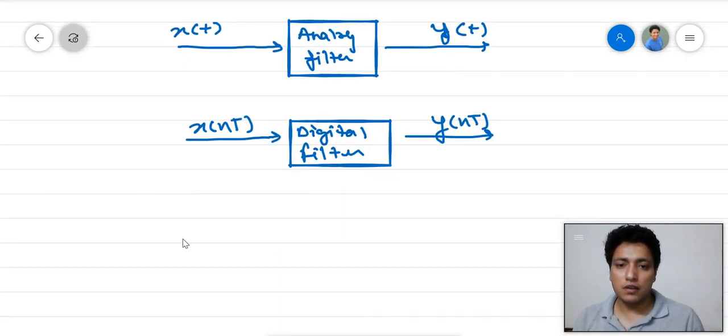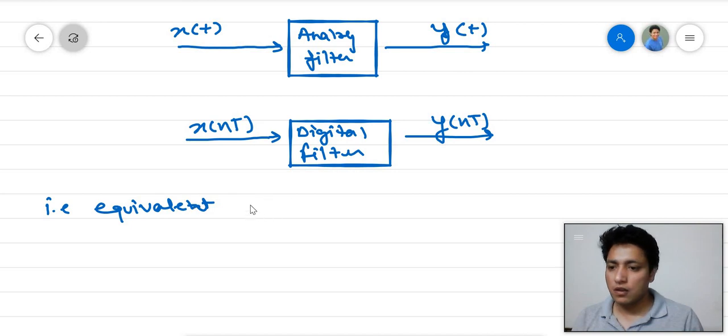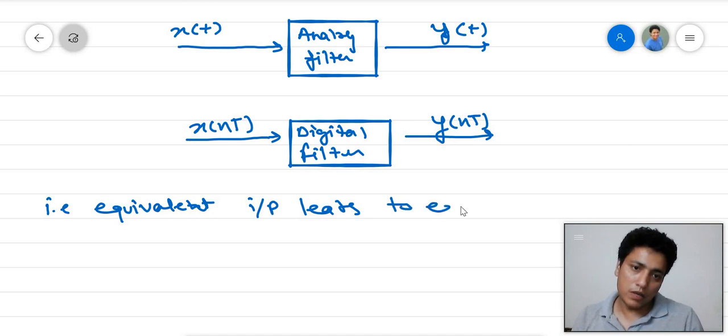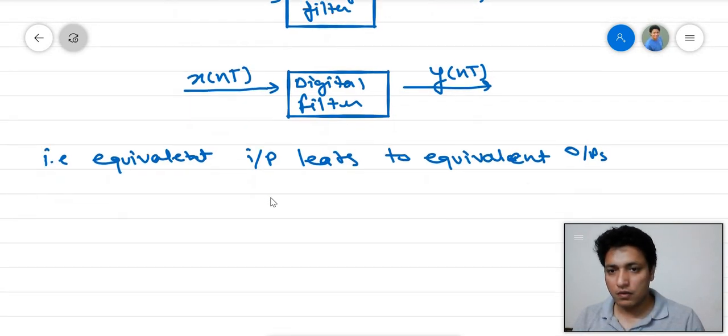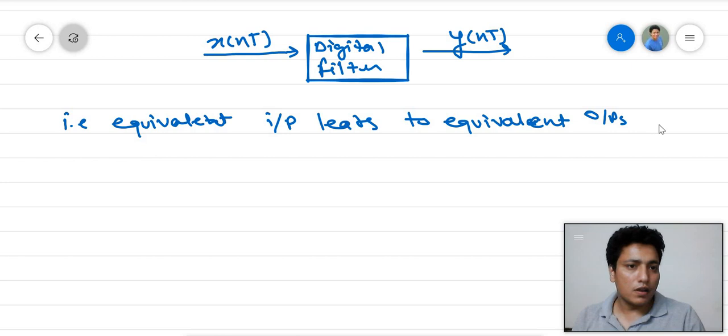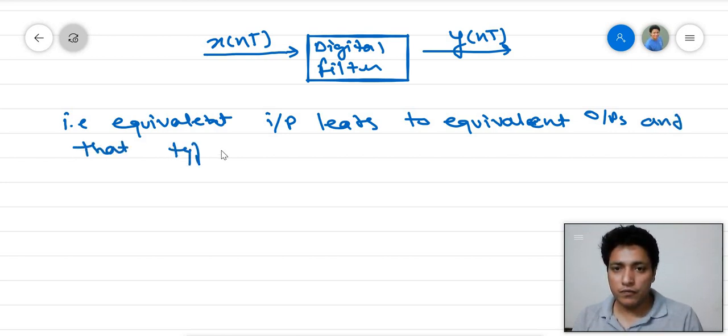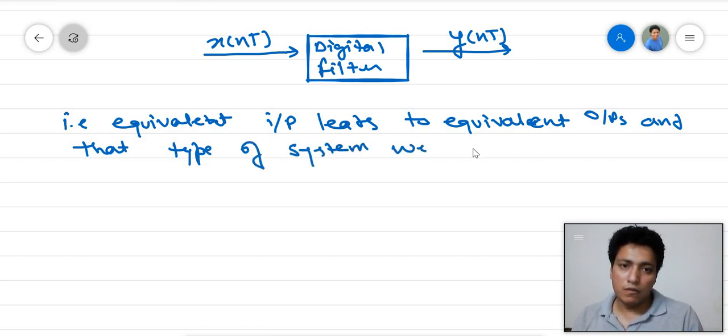That is, equivalent inputs lead to equivalent outputs, and that type of system we call an invariant system.